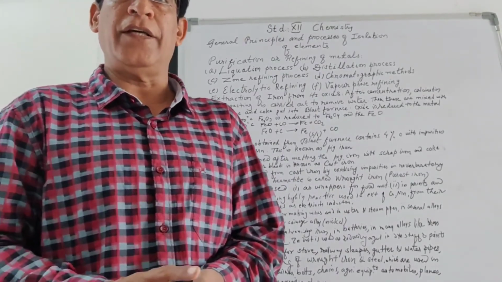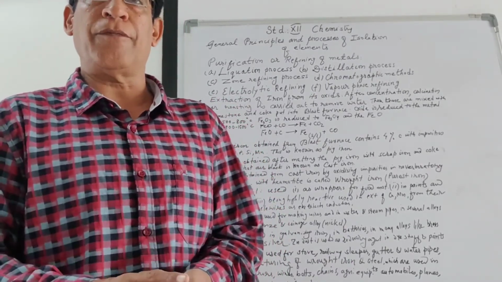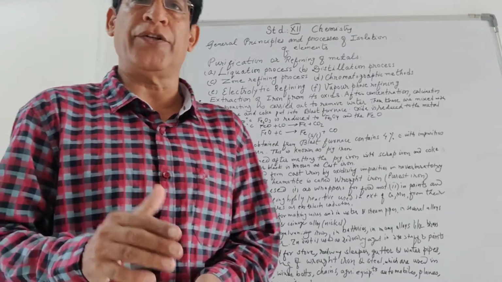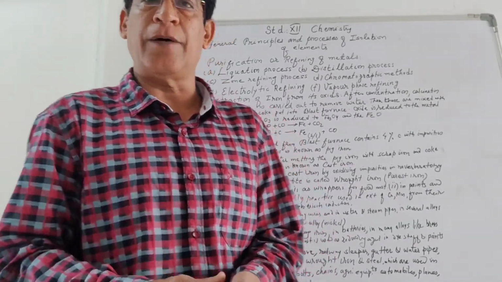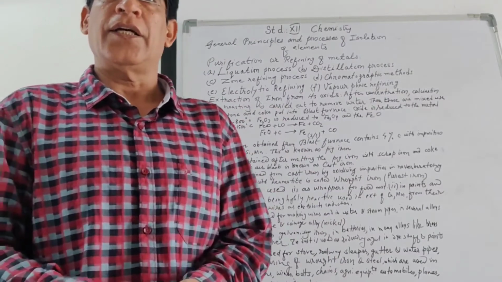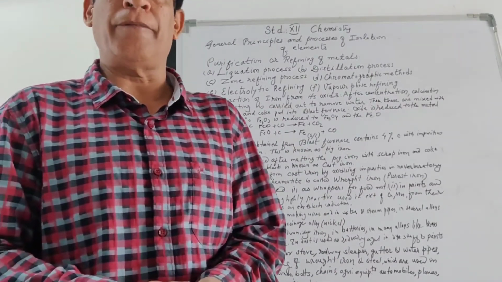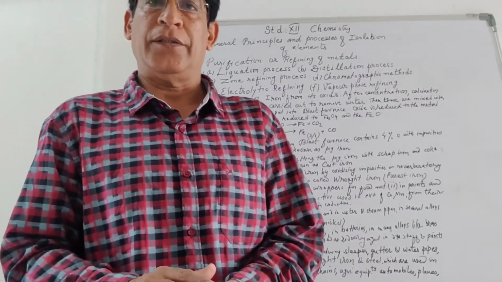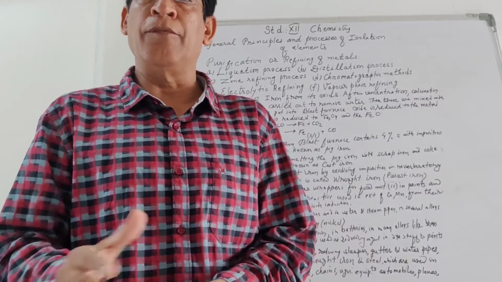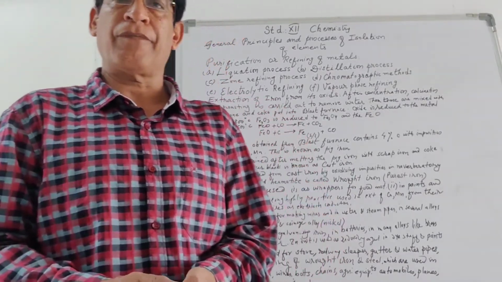The mixture is put in a liquid or gaseous medium which is moved through the adsorbent. Different components are adsorbed at different levels on the column. Later, the adsorbed components are removed by using suitable solvent.